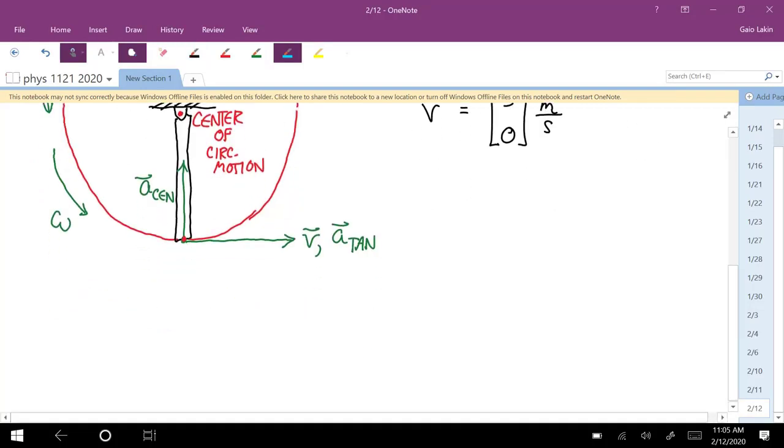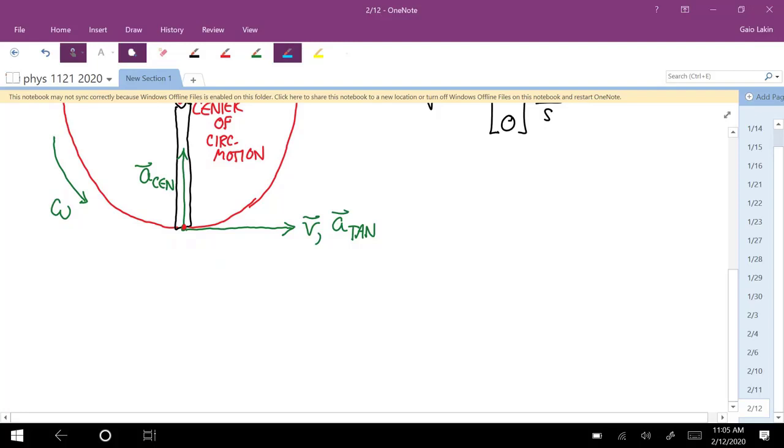And now for the acceleration, we have to do the two different parts separately. The magnitude of the tangential acceleration is the absolute value of the angular acceleration times the radius.